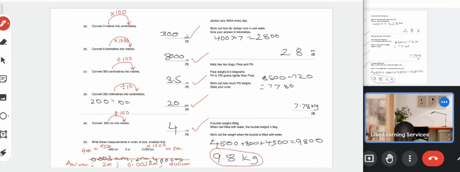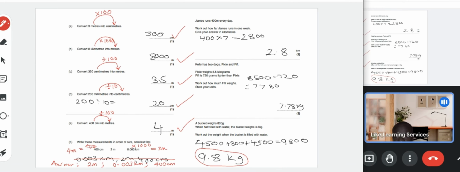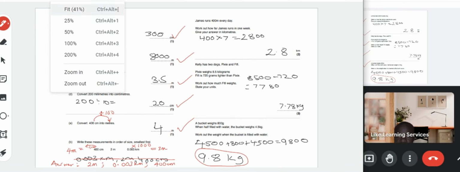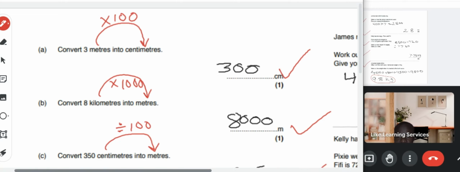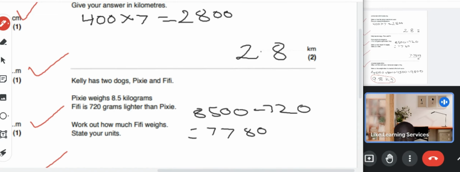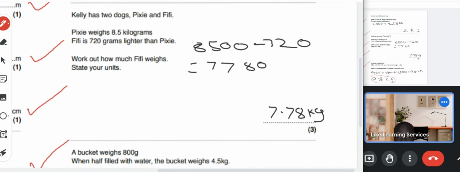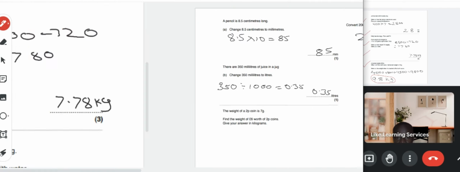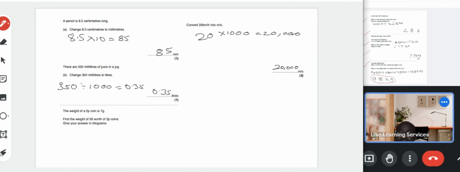Okay, so the other side of the page. I think before we look at this one, I want to show you something. Go to page 18. Let's mark page 18 before we come back to this.